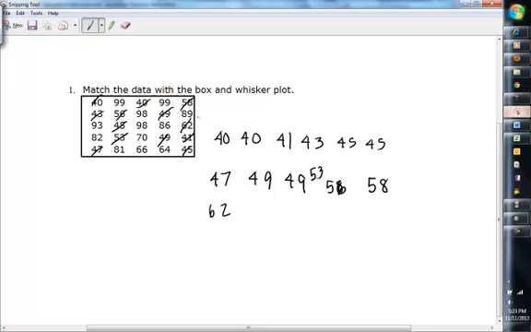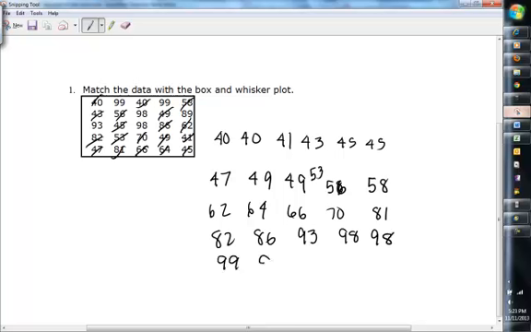62, 64, 66, 70, 81, 82, 86, 93, 98, 98, 99, 99.